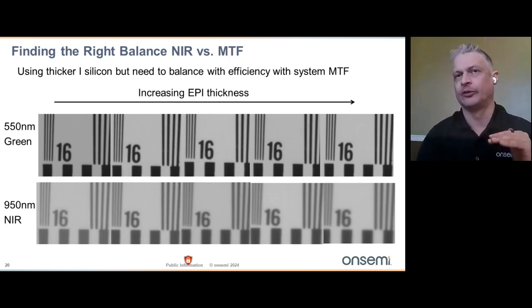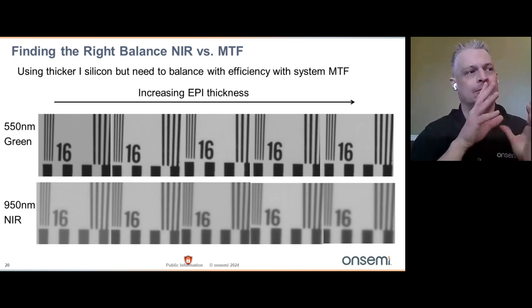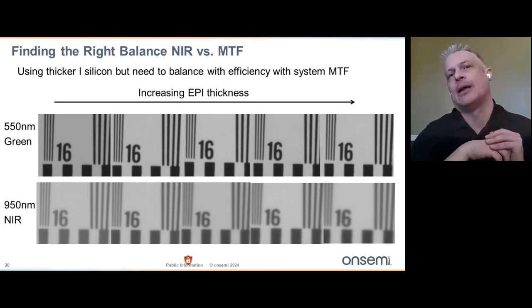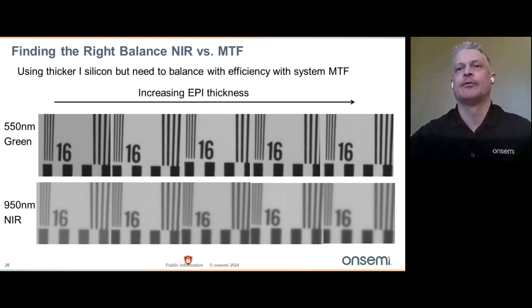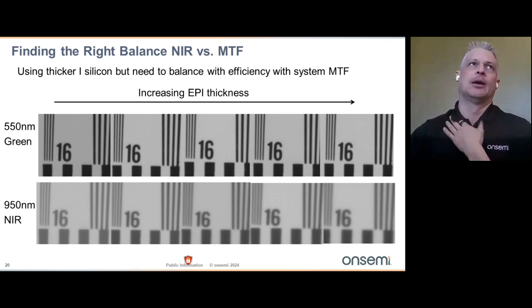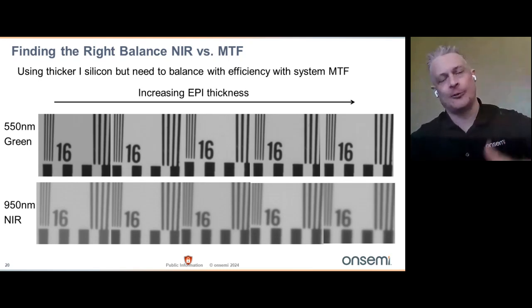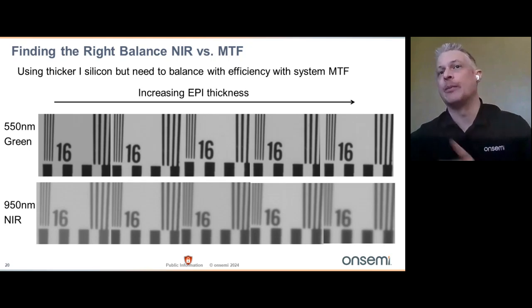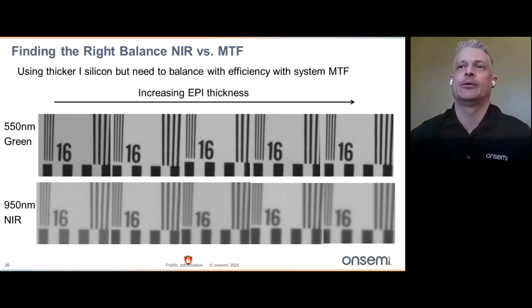And if it gets beneath the pixel, maybe it'll float back up into the pixel. So having a deeper epi allows you to get better response at the near infrared. The converse of that, however, is that the longer wavelength may now have penetrated into that thick silicon, but maybe it went into an adjacent photodiode.